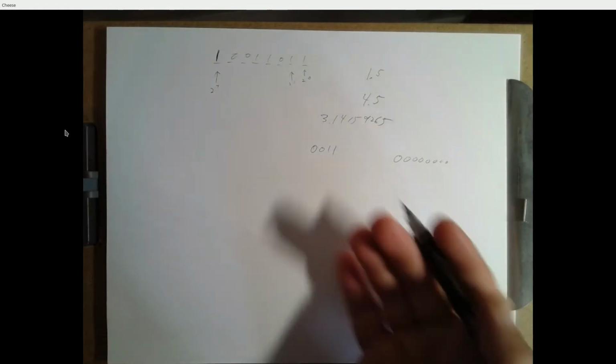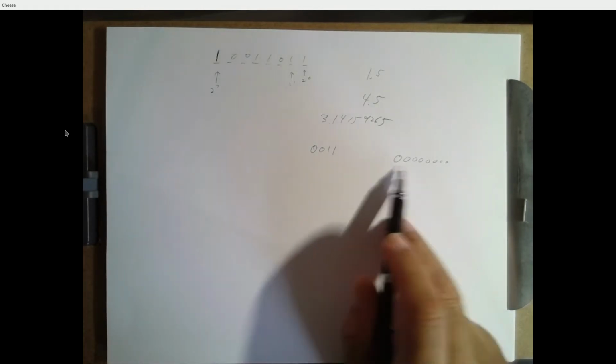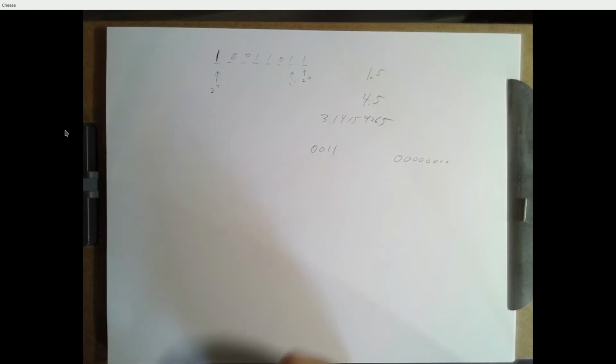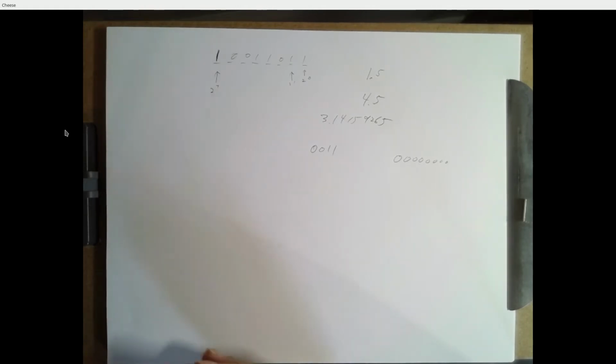It looks like a 0 because it's got all these zeros, but it's a fairly arbitrary assignment between bit patterns and things that they represent, whether those things are integers or real numbers or characters of the alphabet or anything else. So we're going to talk about a different kind of coding, a way to code numbers that allows us to represent real numbers, okay, things that aren't just integers.